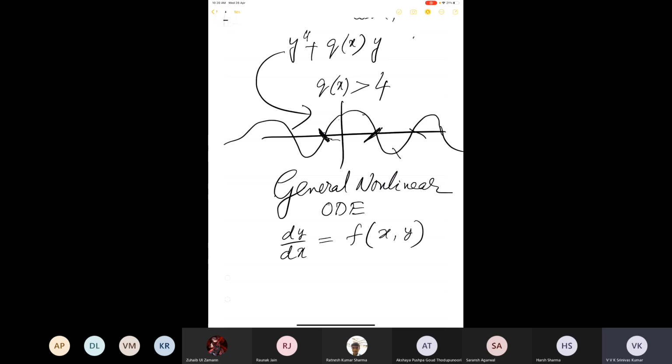Here f is a nonlinear function, and we have studied something called Picard's theorem in the course MTL 101.